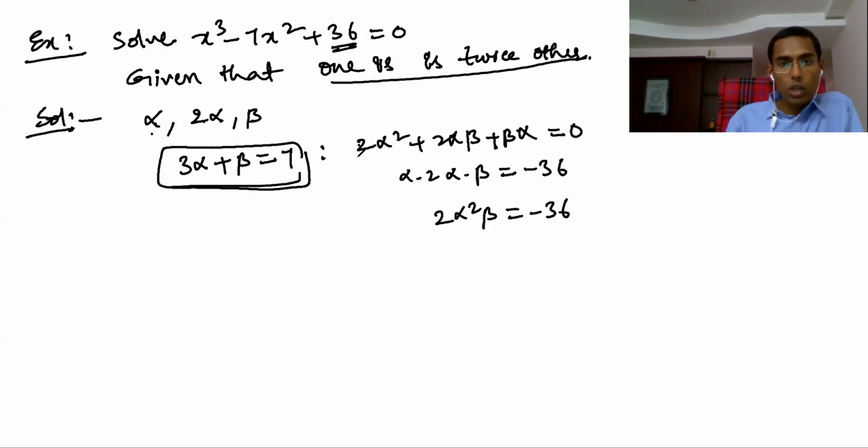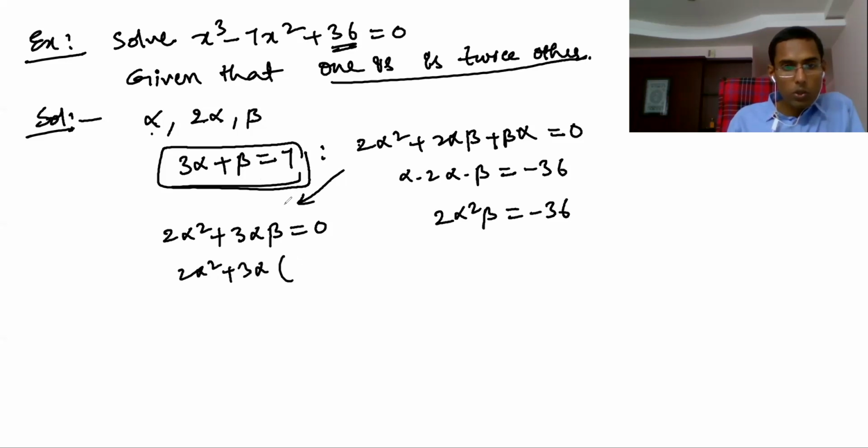This one I'm going to simplify here: 2 alpha square plus 3 alpha beta equal to 0. Here you can take alpha common. We can eliminate beta. Beta is 7 minus 3 alpha, so 2 alpha square plus alpha into (7 minus 3 alpha) equals 0.